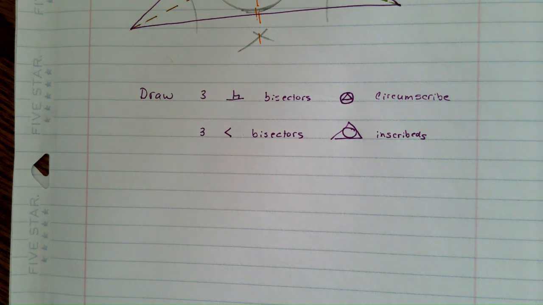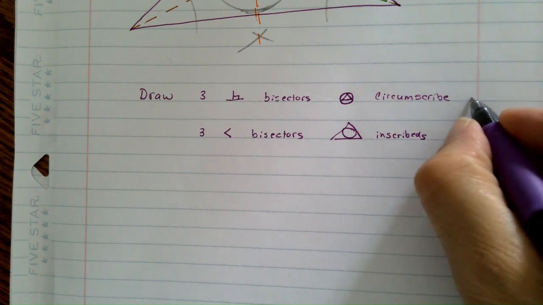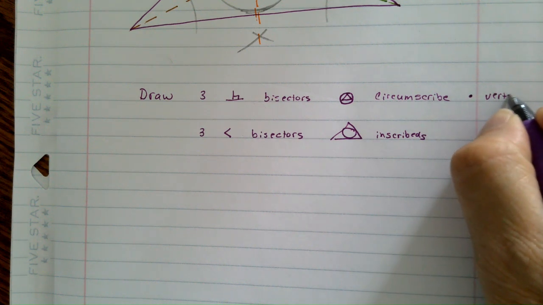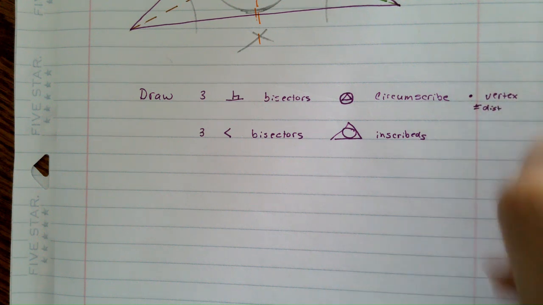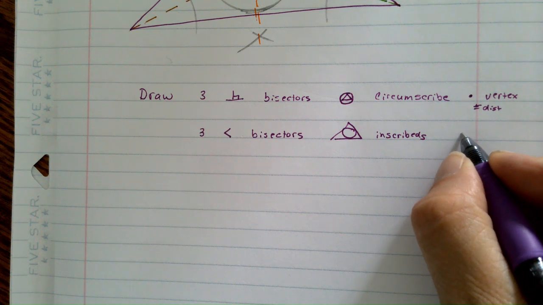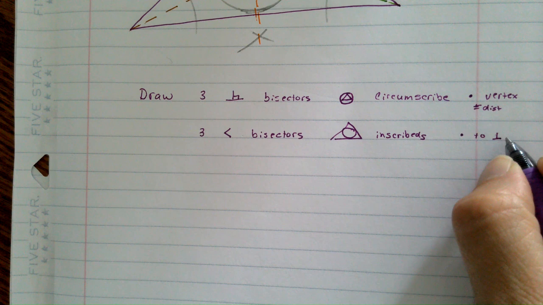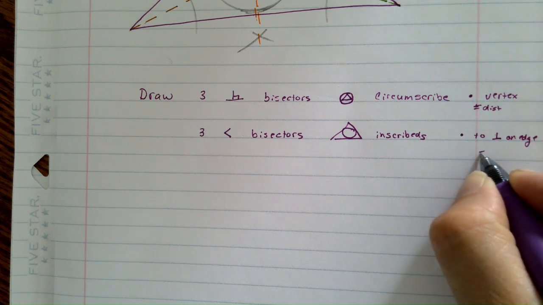Okay? Specifically that the center to the vertex will be your equidistances. Okay? Where here is the center to a perpendicular spot on the edge will be equidistant.